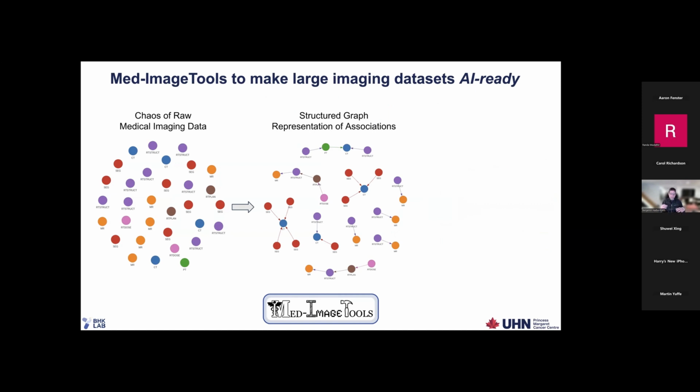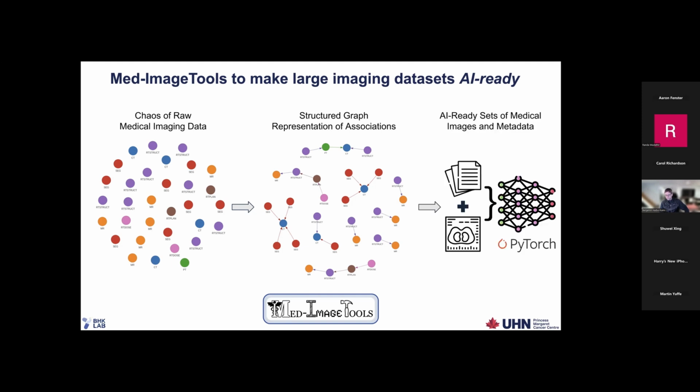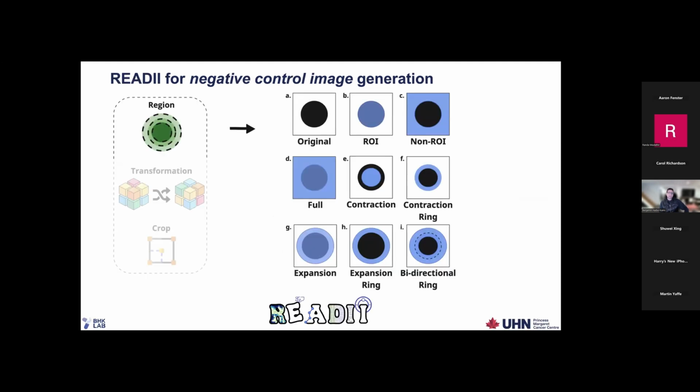So MedImage is going into all the metadata and trying to sort out all the dependencies so that you can make those data readily available for your analysis. And we've designed the package in a way that it really creates objects that could be directly used in PyTorch so that you can do your AI modeling much faster.